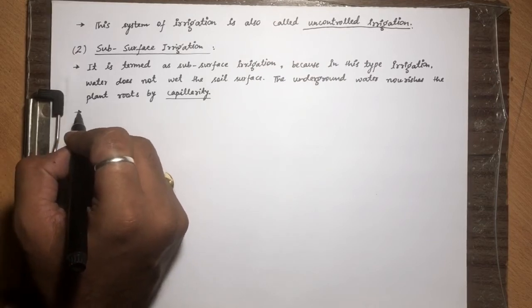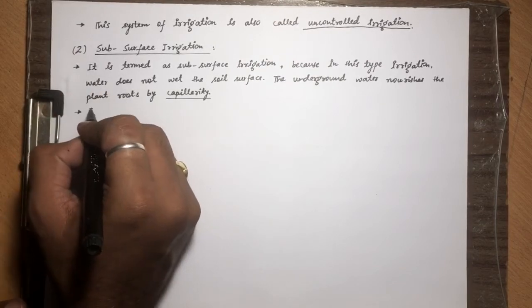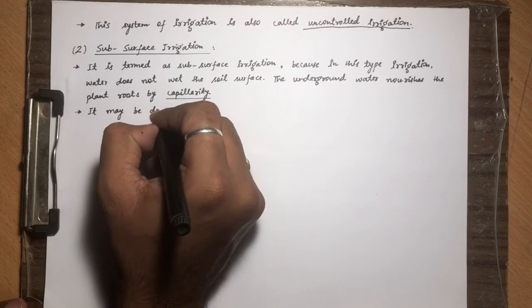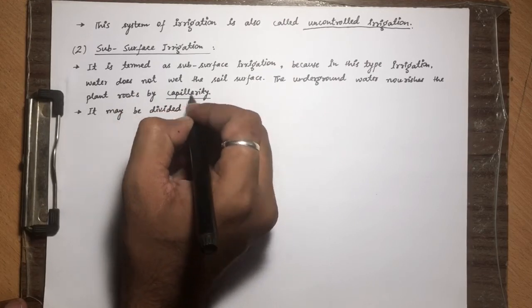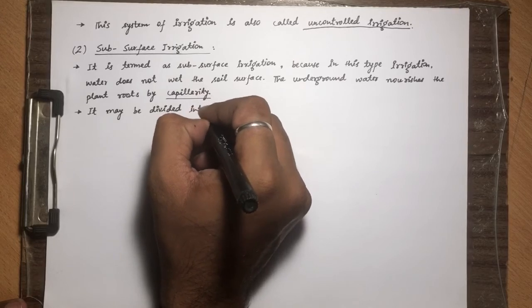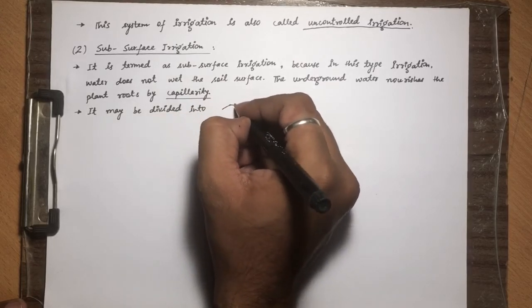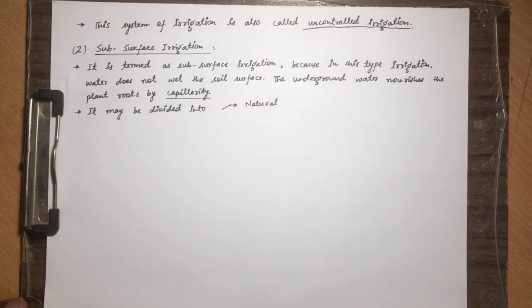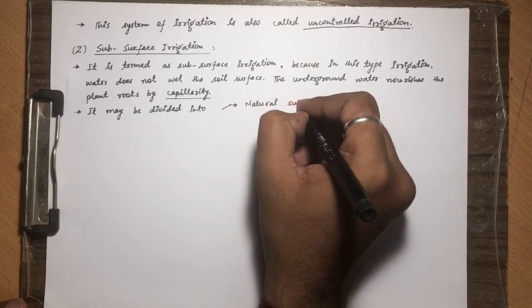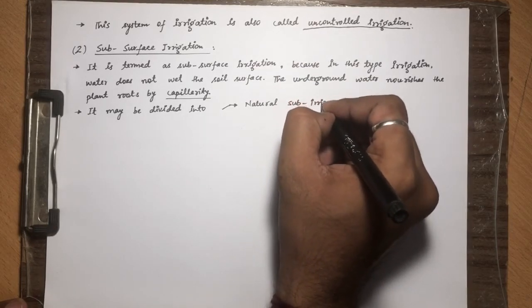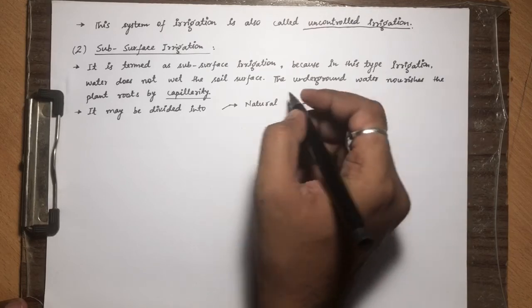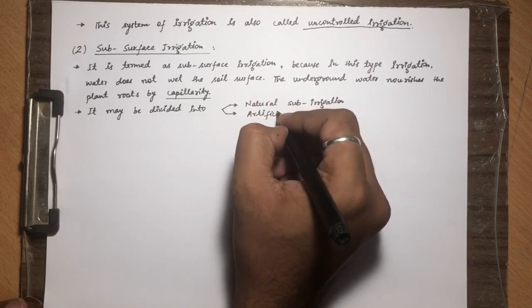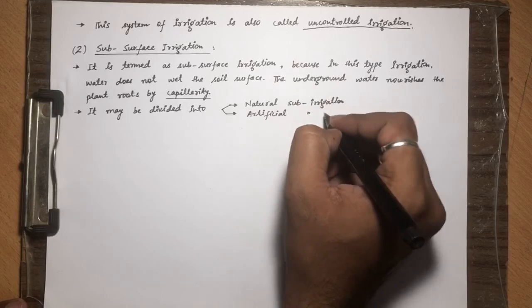So let us see what are the categories. It may be divided into first, natural sub irrigation, second one is artificial sub irrigation.